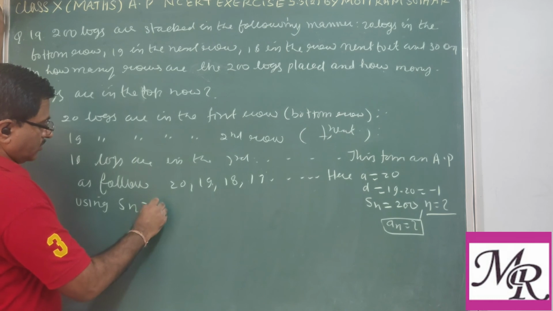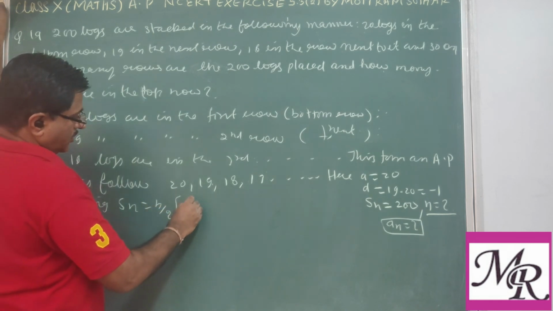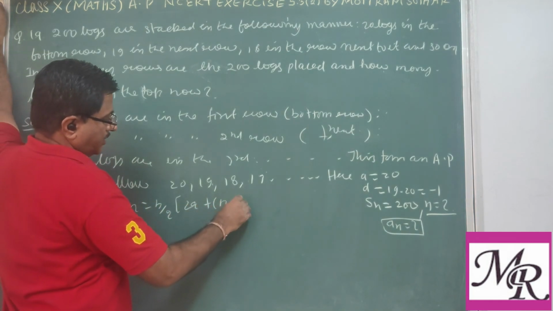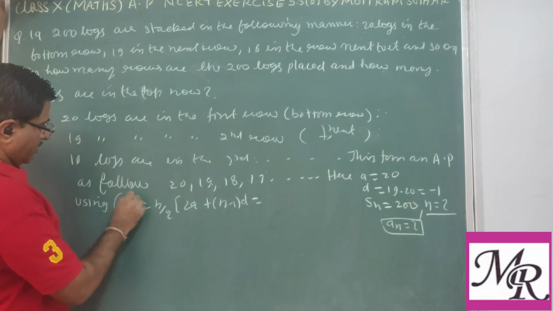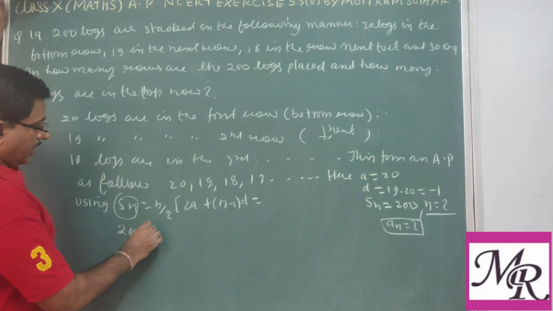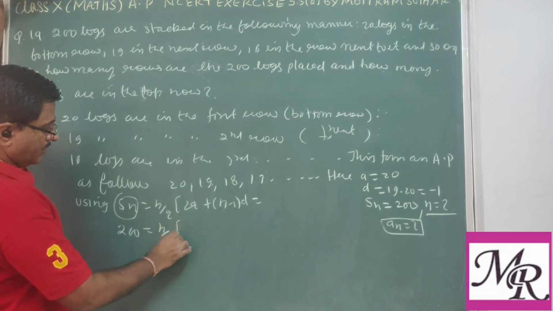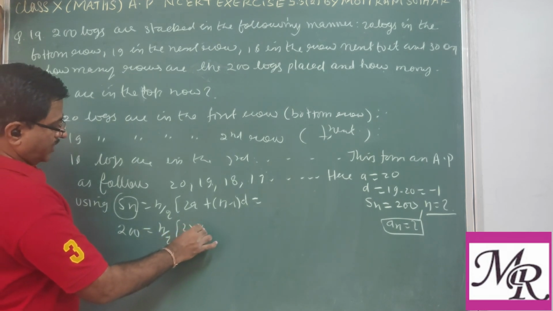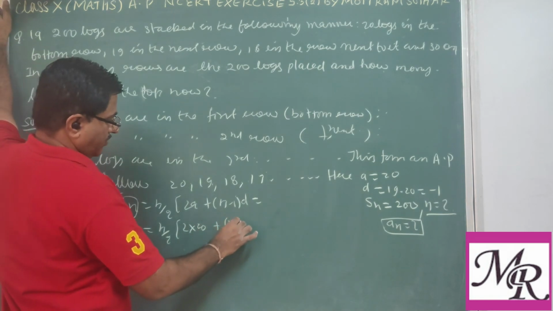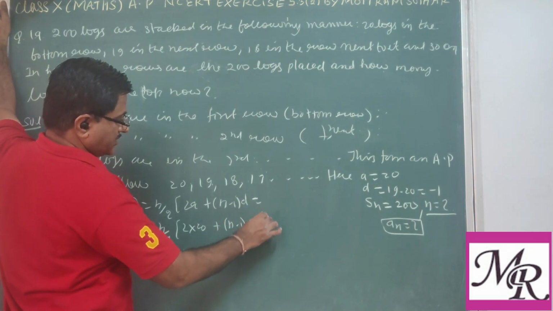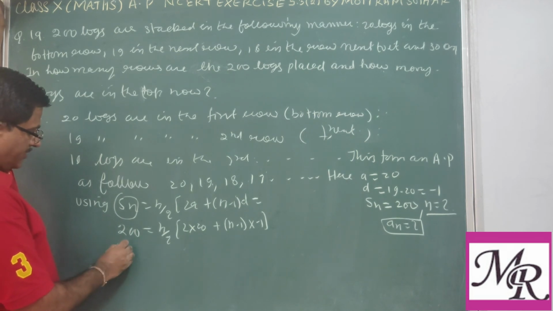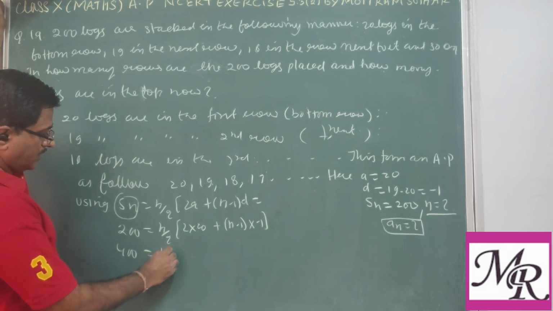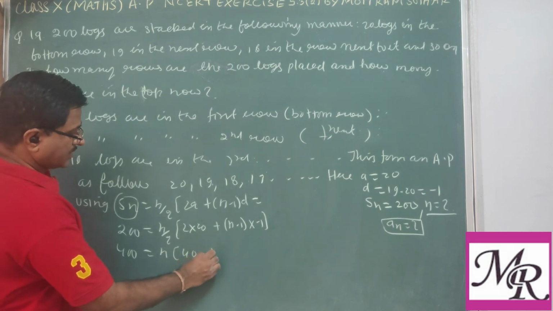Sn equal to n by 2 into 2a plus (n minus 1) into d. Sn is given as 200, n we want to find, 2 into a is 20, and d is minus 1. So 2 multiplied this side, 400, equals n into 40 minus n plus 1.